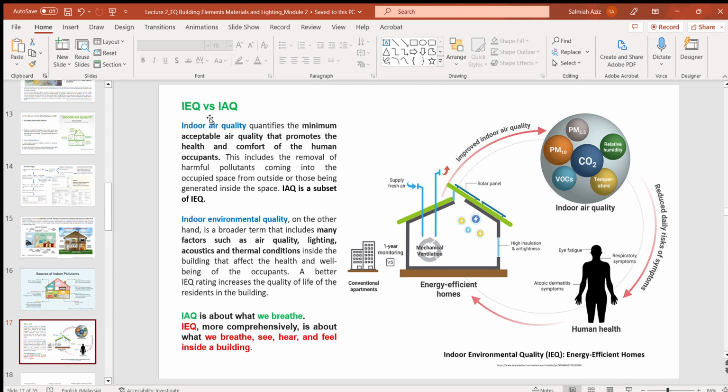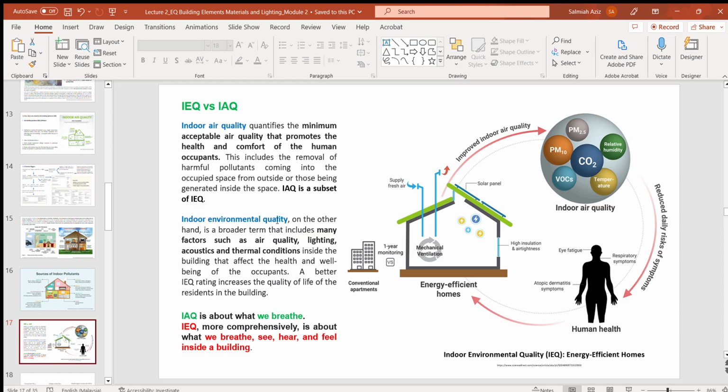Okay, what is the difference between IAQ and IEQ? Indoor air quality quantifies the minimum acceptable air quality that promotes the health and comfort of the human occupant. This includes the removal of harmful pollutants coming into the occupied space from outside or those being generated inside this space. IAQ is a subset of IEQ.